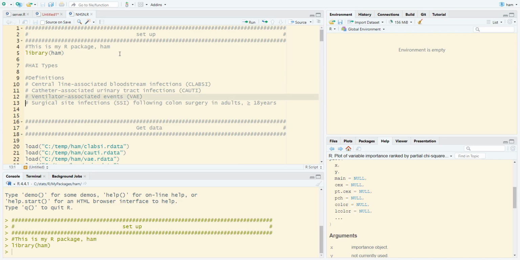We'll look at ventilator-associated events, which are VAEs. And lastly, we'll look at surgical site infections, SSIs, and for these I'm using the most commonly found surgical procedures within these hospitals, which are colon surgeries in adults 18 and over. And I believe this whole data set is for patients 18 and over.